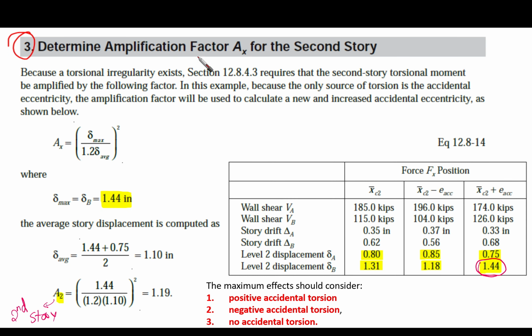It is to determine the amplification factor Ax. So in the amplification factor, we are going to use the absolute or the maximum inelastic displacement. So the last two rows of the table are going to be used.